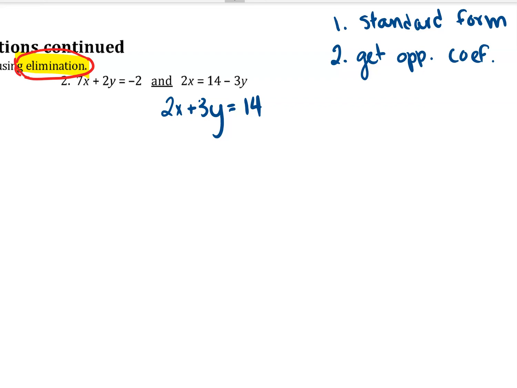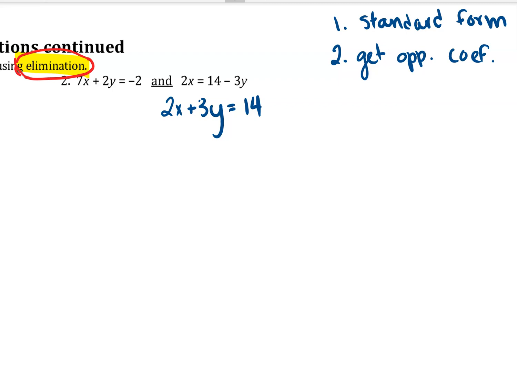Either one, you're going to have to multiply both equations by something, so I don't think there's any real wrong answer on this one. But I think I would prefer dealing with the 2 and the 3. They're just a little bit easier numbers to multiply by.